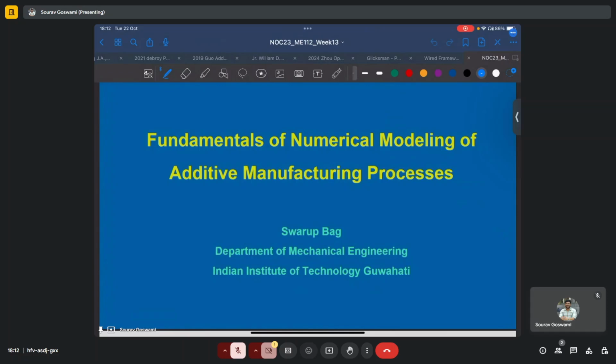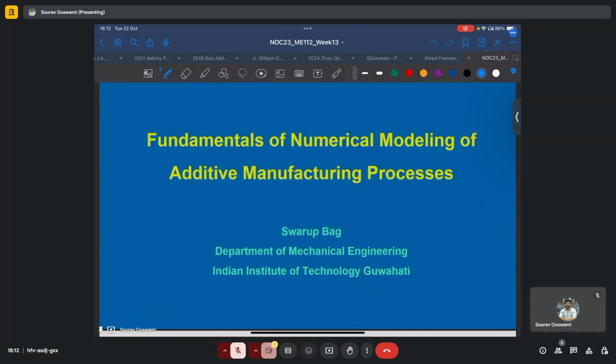Over the past 12 weeks, we have looked at various aspects of additive manufacturing, starting from its definition, the terminology, what aspects or characteristics qualify a process as an additive process, as opposed to, say, a subtractive or a formative process.